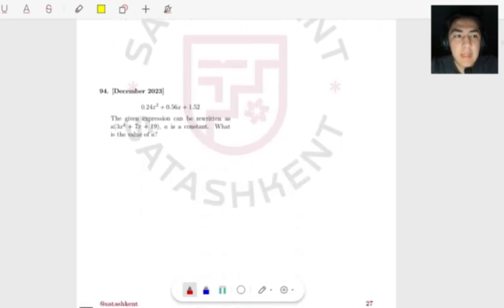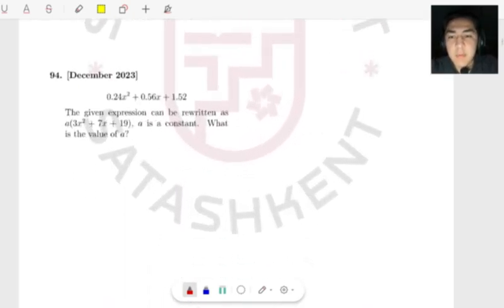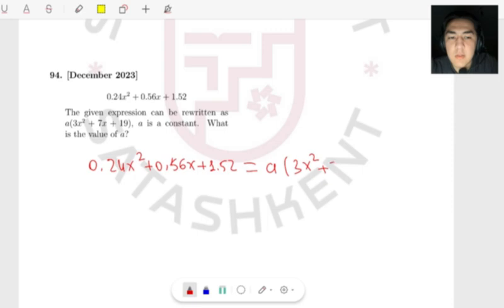And the last question, the given expression can be rewritten as this. Okay, let's write it down. 24x squared plus 0.56x plus 1.52 is A multiplied by 3x squared plus 7x plus 19. And what is the value of A, guys? Super easy. Why?